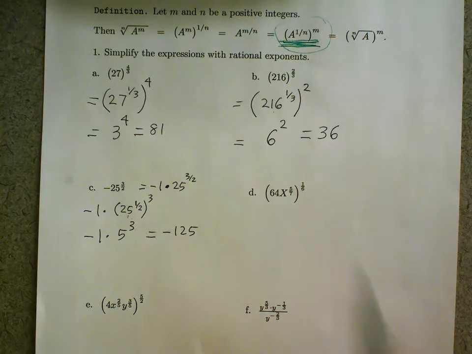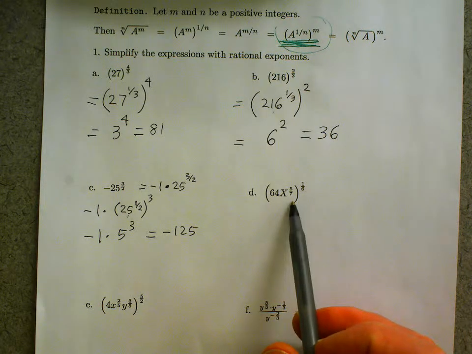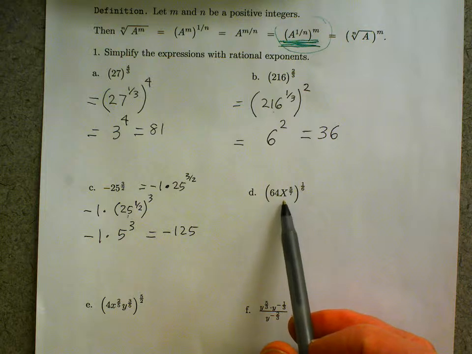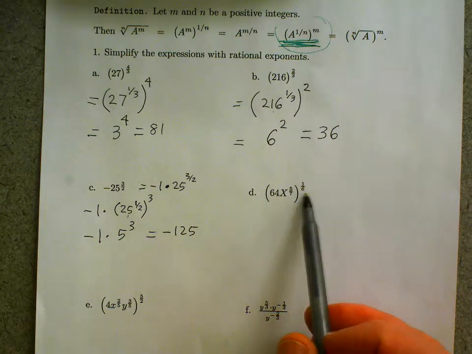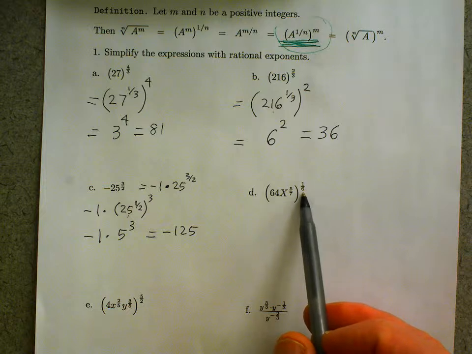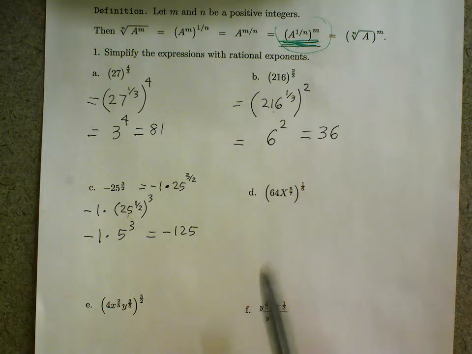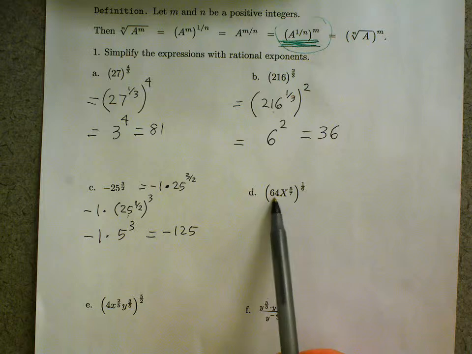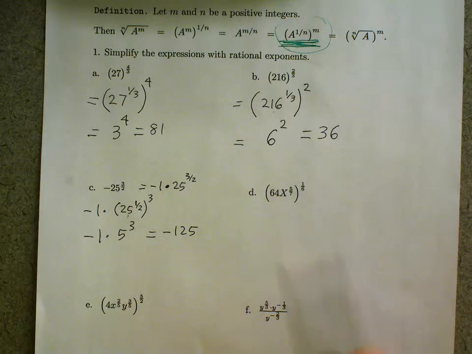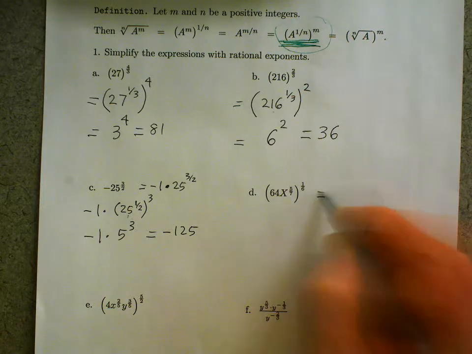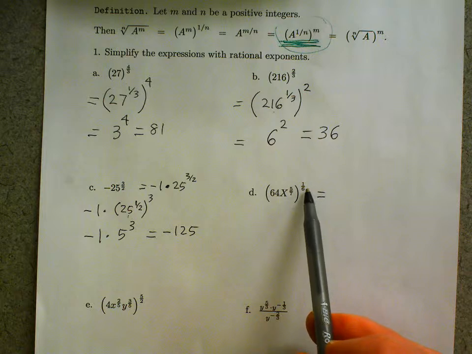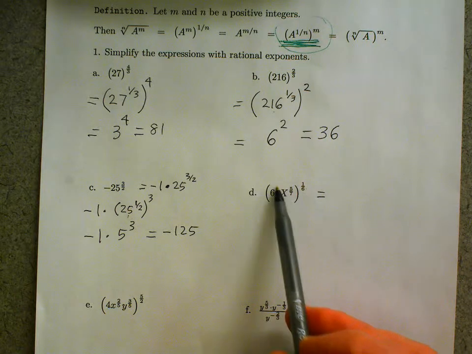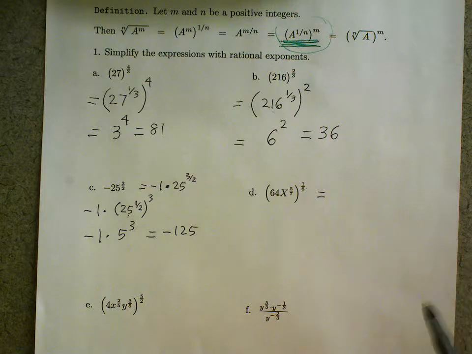All right, the next one, a little more complicated. This time we have 64x to the 5/7 raised to the 1/6. Think of 64 as 64 to the 1st power. And so we can distribute this outer exponent, multiply the outer exponent by each of the exponents on the inside.